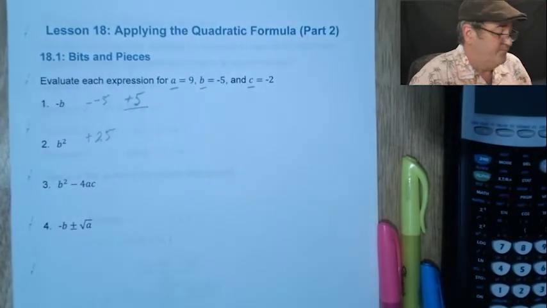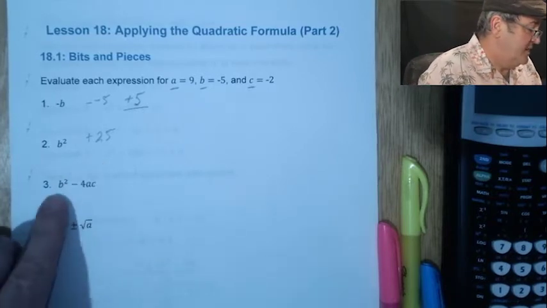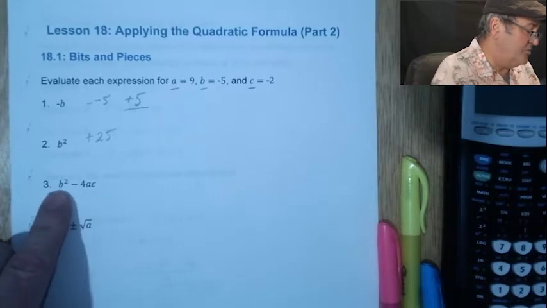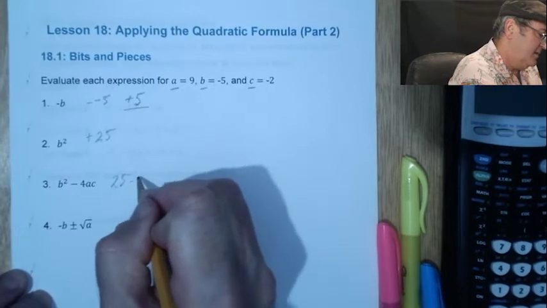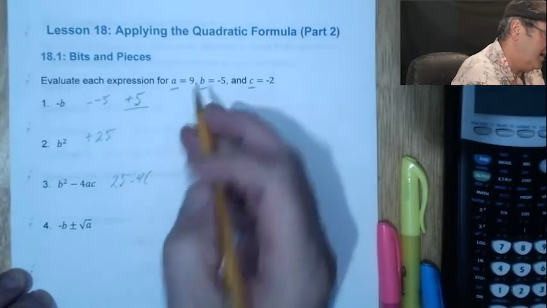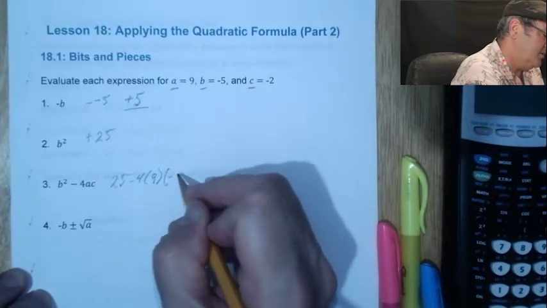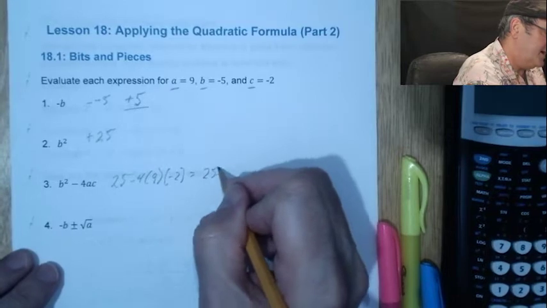Negative times a negative. We can't square anything and it ends up negative. 25. B squared minus 4 times A times C. Okay, well, we know what B squared is. We just calculated that. So 25 minus 4 times, what's A? A is 9. What's C? C is -2. So that would be the same as 25.